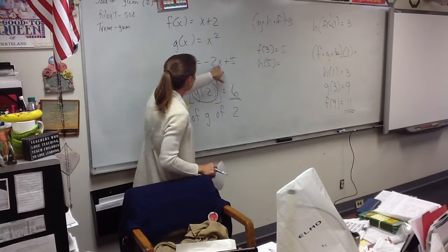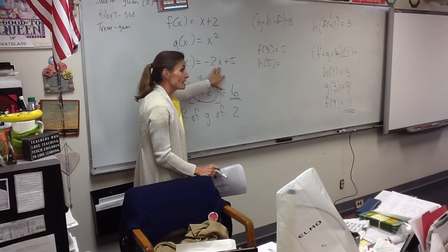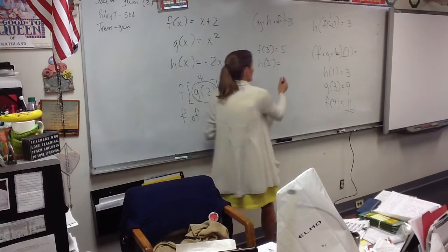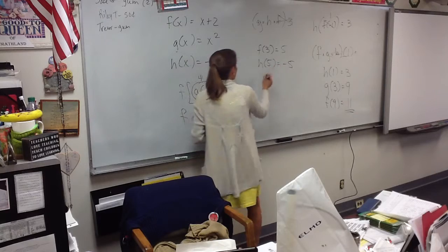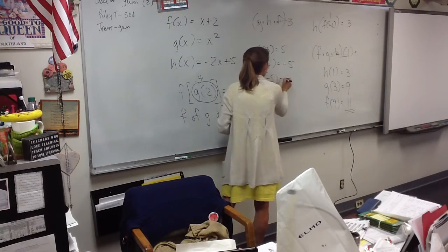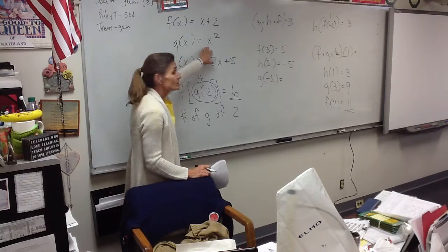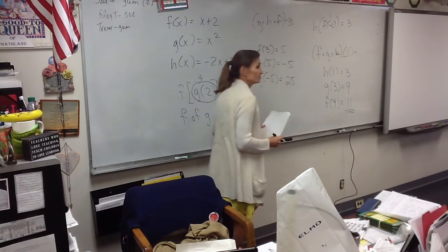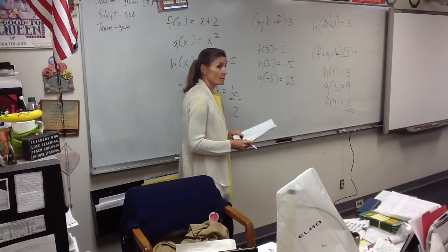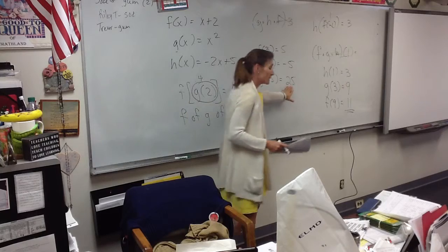And h of 5 would be negative 10 plus 5, which is negative 5. And then I take the negative 5 and put it into G. So it becomes 25. You okay with that? So when you say your final answer, are you just saying it's 25? Yep. Okay.